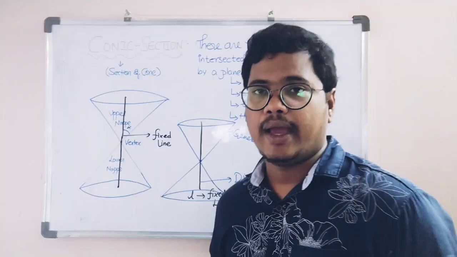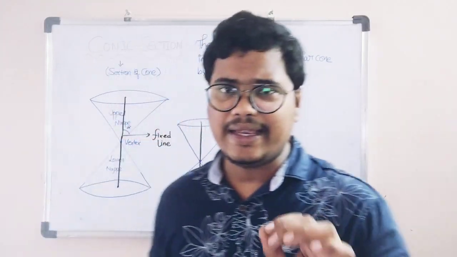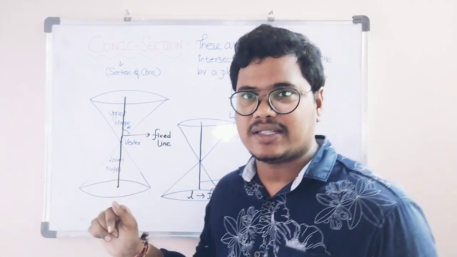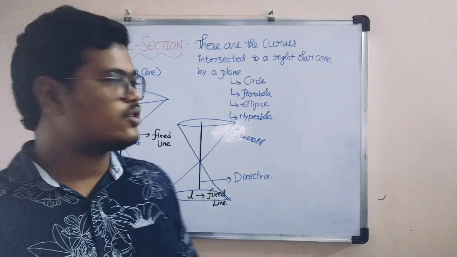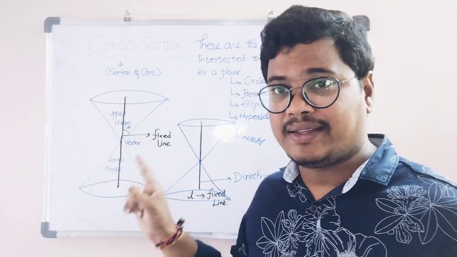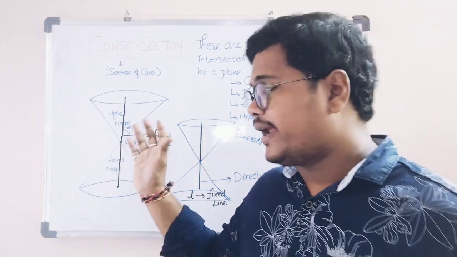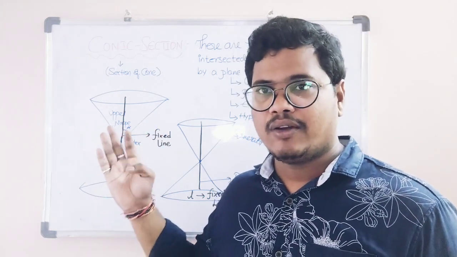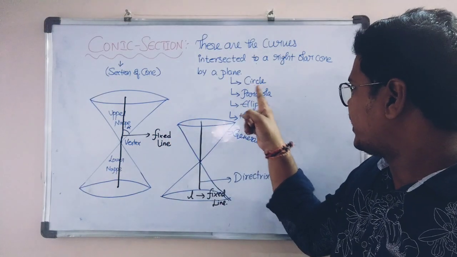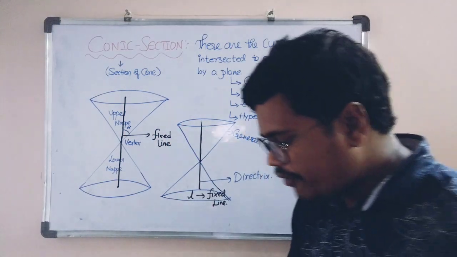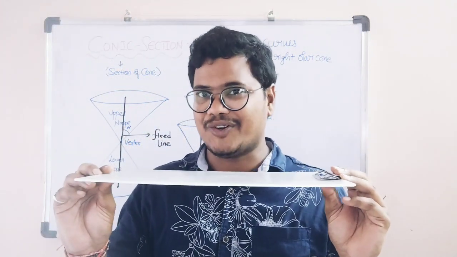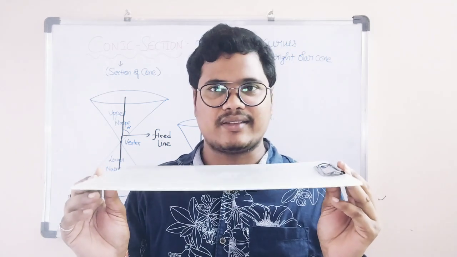A cone is a 3D figure, but here in the coordinate system, whenever a plane intersects a cone, it exhibits four important curves: circle, parabola, ellipse, and hyperbola. How does it happen? I just took one plank itself. This is a two-dimensional figure, a surface.